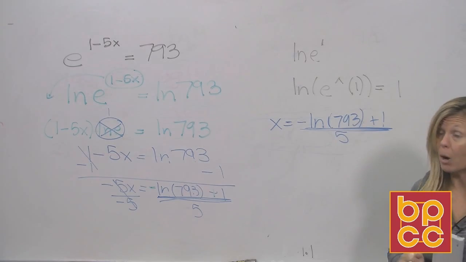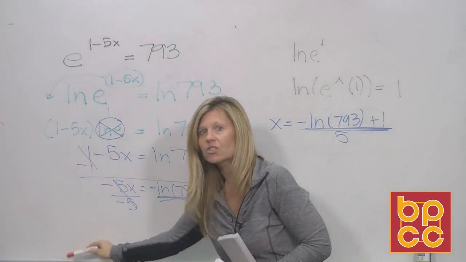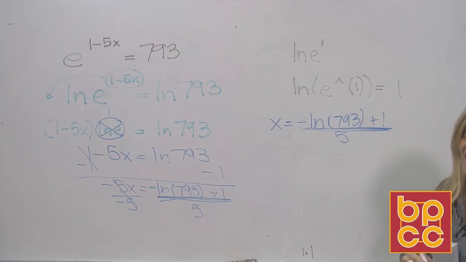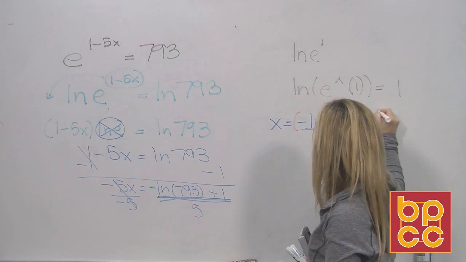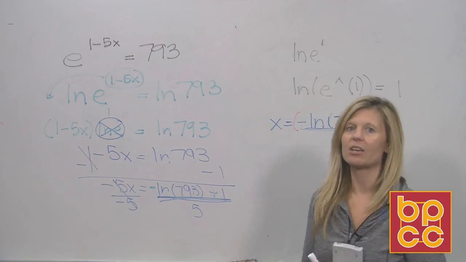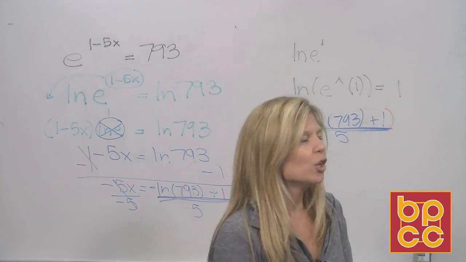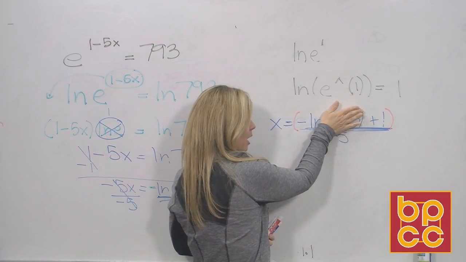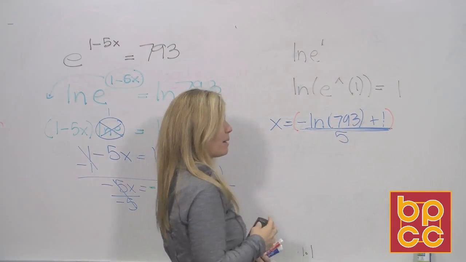I hope you say both. And it's important to understand this. The only way the calculator is going to know that both of these are getting divided by 5 is if you type parentheses around the numerator. I can't tell you that. The calculator can't tell you that. You've got to know that. You've got to tell the calculator, work all this first in the numerator, get it to be a number, and then take that number and divide it by 5.